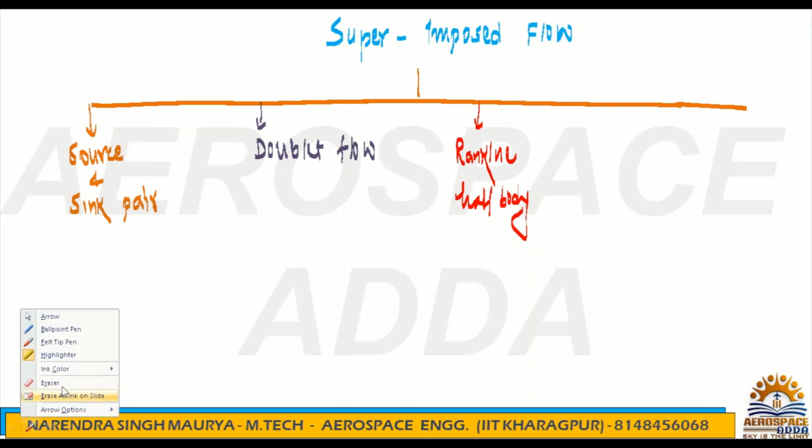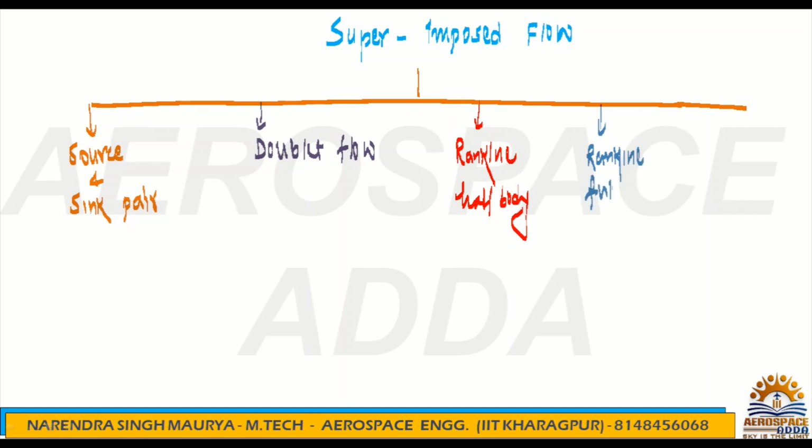Then Rankine half body flow, then Rankine full body flow.